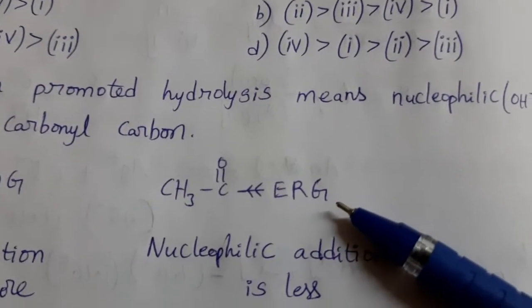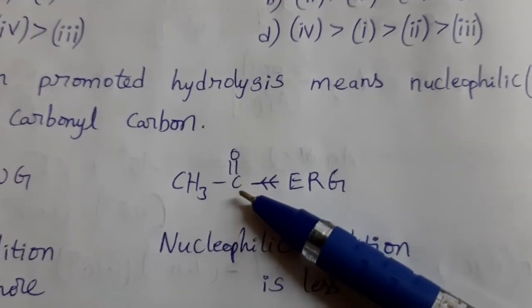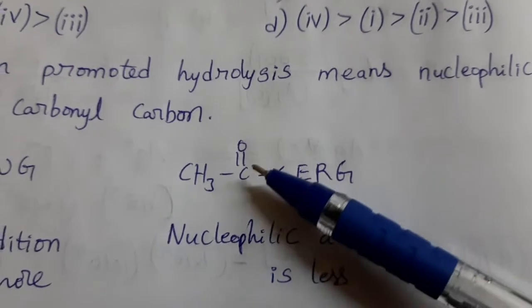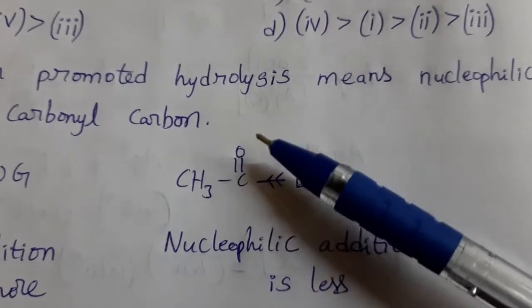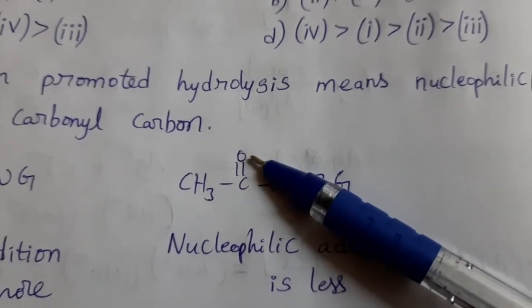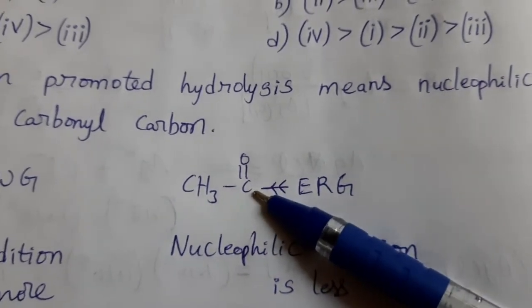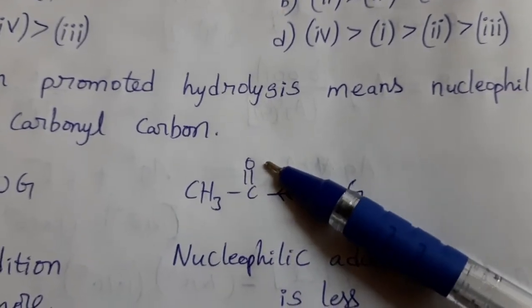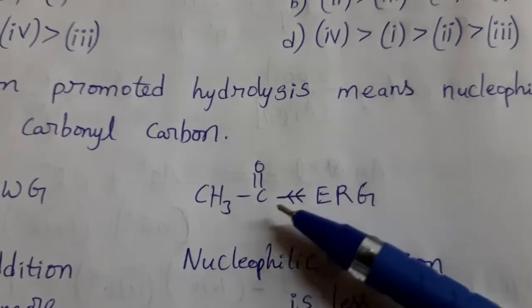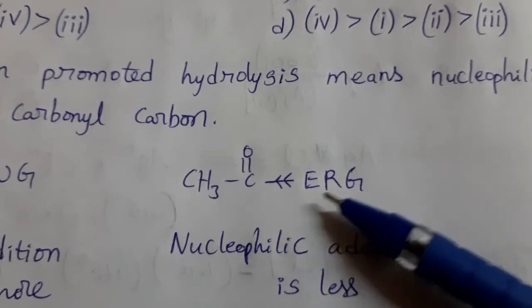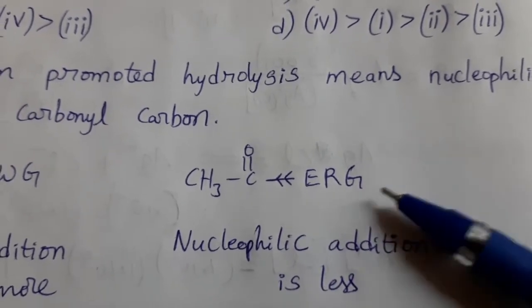Suppose an electron releasing group is attached to the carbonyl carbon, it increases electron density at this carbon. Oxygen can acquire negative charge, carbon can acquire positive charge. This positive charge is balanced by the electron density provided by the electron releasing group.